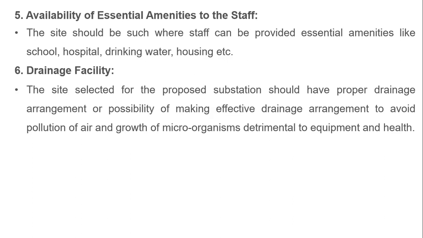Drainage facilities will also be observed as a major consideration for avoiding air pollution and the growth of microorganisms. These are the various factors that should be observed while selecting the location of substations.